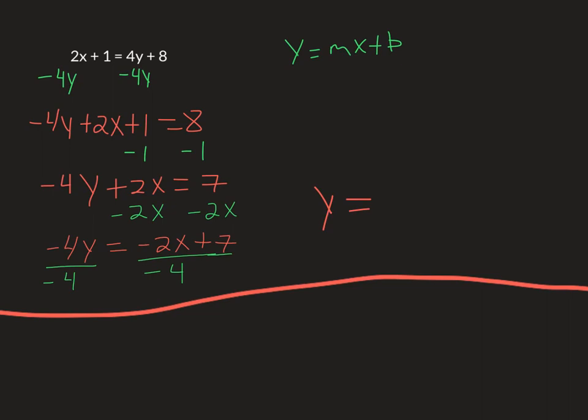Also, what we know is that 2/4 can be simplified. I hope that you all remember that 2/4 is equal to 1/2. So we're going to have y equals 1/2 x minus 7/4.